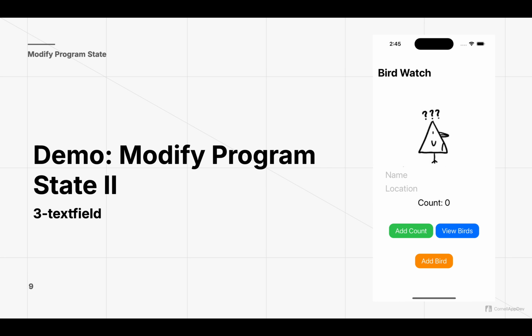All right, and now we're gonna work on the text field. So let's add more state: private var name. It's a type of string, and set it to an empty string, and then @State private var location. It is also a type string, and it's empty right now.